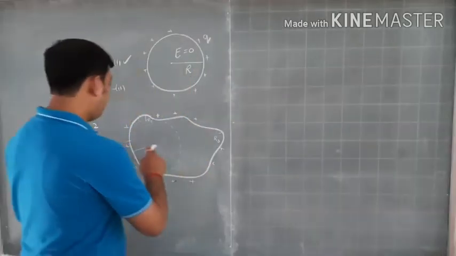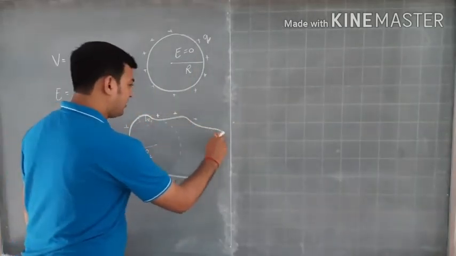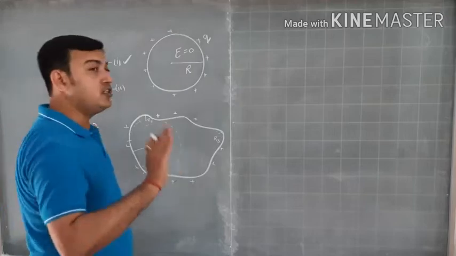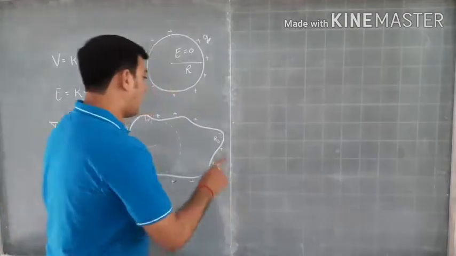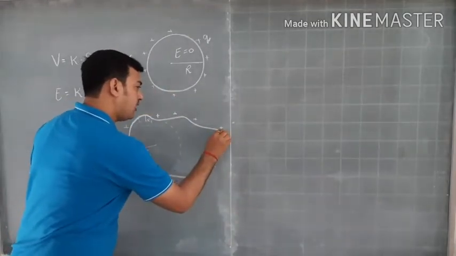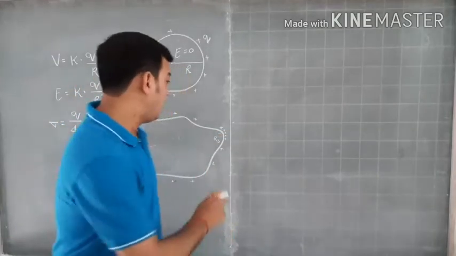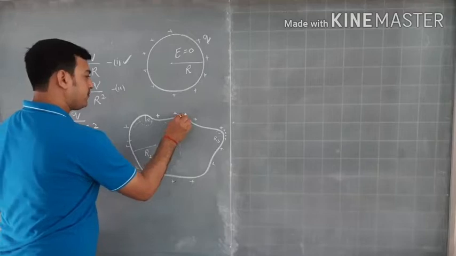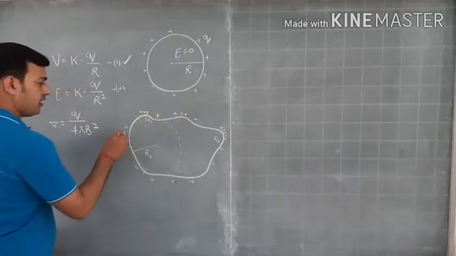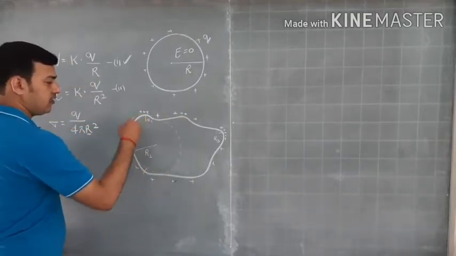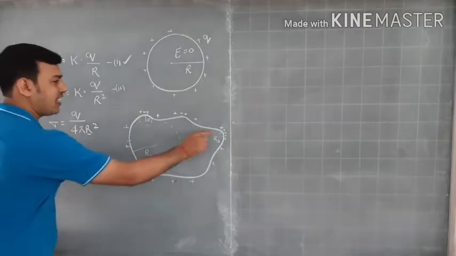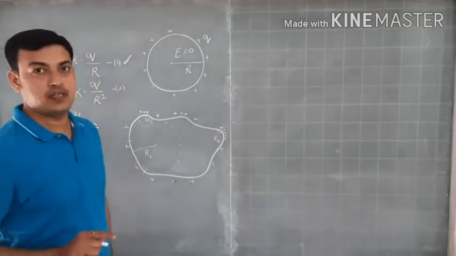That is, if you give a charge to this conductor, the charge will not distribute uniformly. In fact, the charge will accumulate in large amounts on the sharp edges, like this, here too, and since the radius is large elsewhere, the charge will be less as compared to these sharp points.